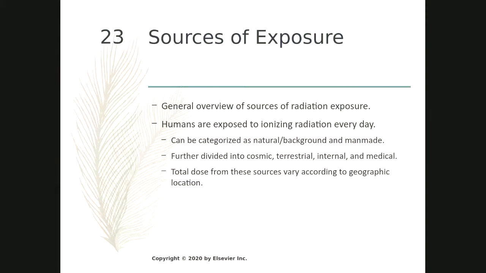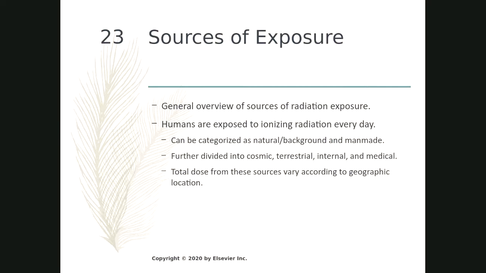We have cosmic radiation, terrestrial radiation that comes from the ground, internal radiation, and medical radiation. So when we talk about natural or background, it can come from cosmic sources, terrestrial sources like radioactive decay of minerals that are occurring in the earth. You have internal radiation where you ingest foods and minerals that have traces of radioactivity because they were grown in the ground.